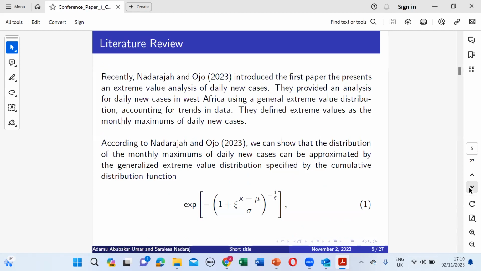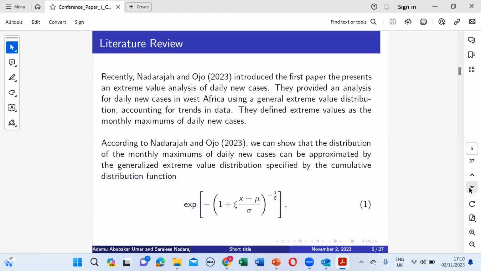A recent work on COVID-19 covering some African countries was done by Nadarajah and Ojo in 2023, the first paper on extreme value analysis of daily new cases. They provide an analysis of daily new cases in West Africa using generalized extreme value distributions, accounting for trends in data. They define the extreme value as the monthly maximums.